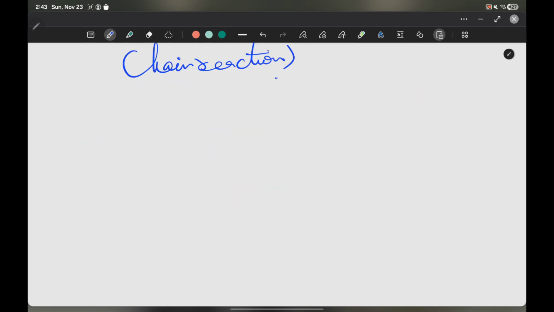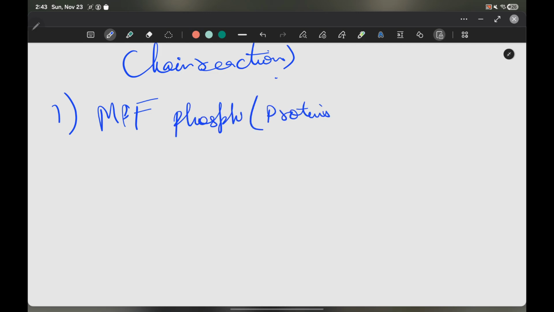Now what happens in the cell is that MPF phosphorylates proteins in the nuclear lamina. When these are phosphorylated, the lamina breaks apart.